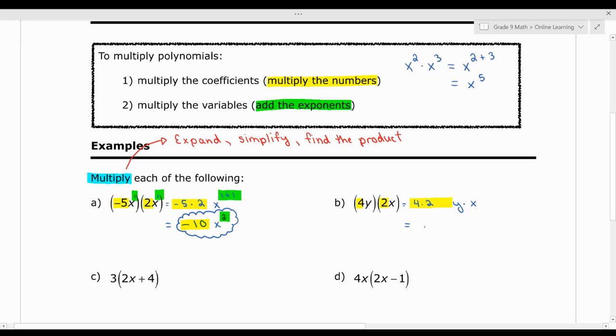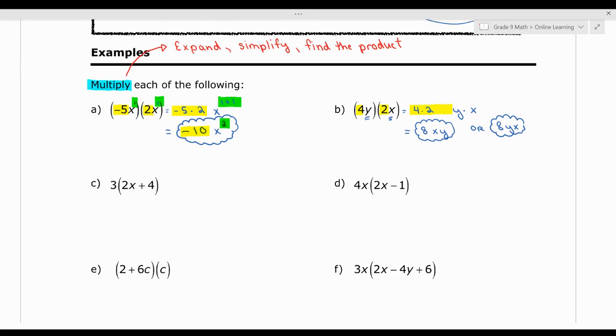When I clean this up, I would just get 8. And then usually I follow the alphabet, so I would put the x first. If you put the y first, that's fine. So we'll put 4. You can leave your final answer like this. This is the case where, because these are not the same base, this is base y, this is base x, you can't add the exponents. This law only works if the bases are the same.